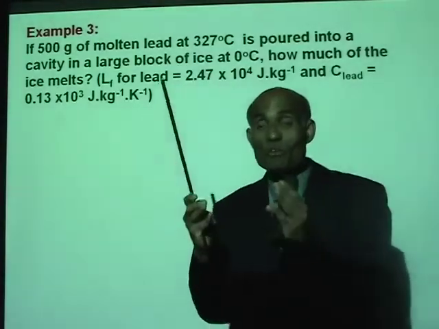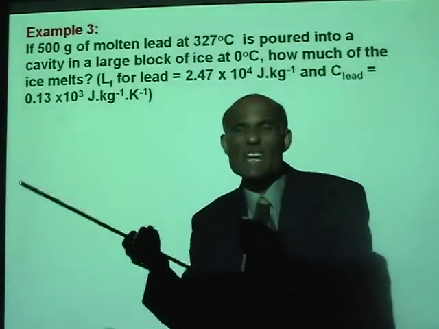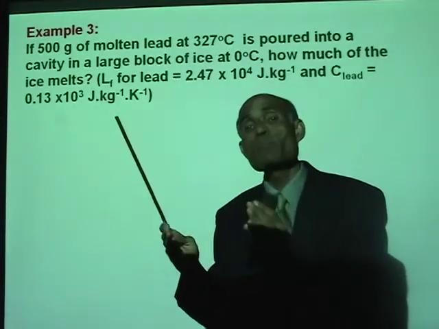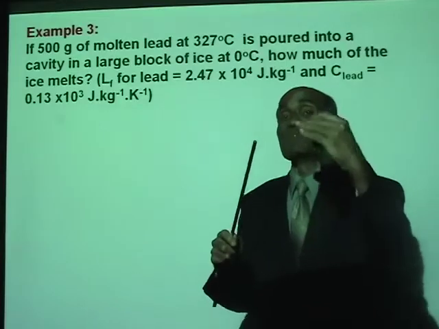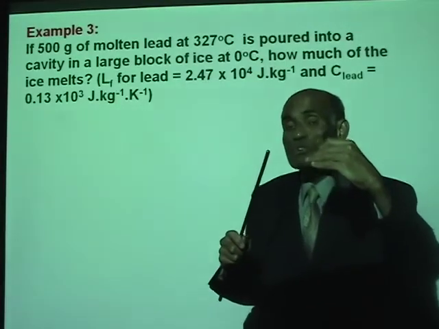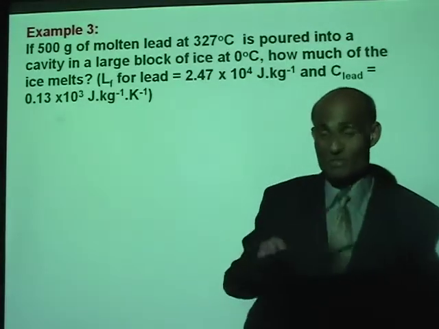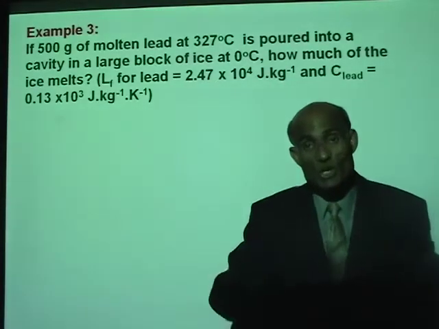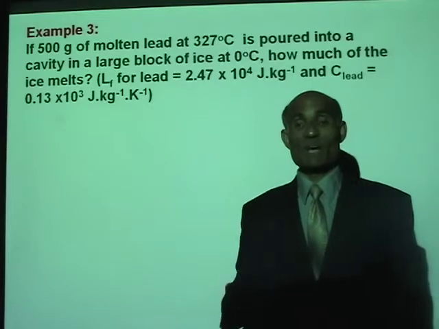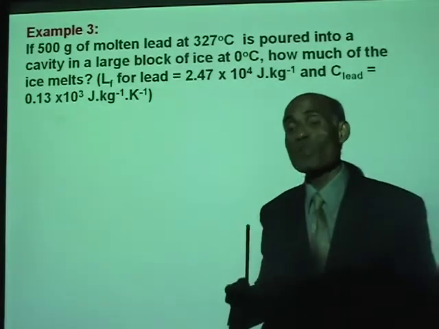The molten lead, first of all, is going to liberate heat to become solid without changing temperature. Then the solid lead is going to lose heat to cool down to 0 degrees. Now, who is receiving all that heat?